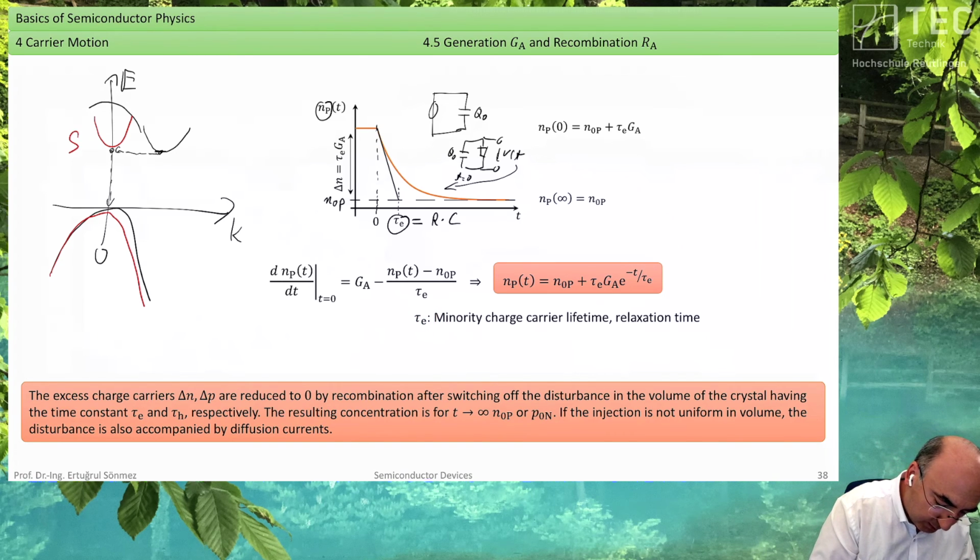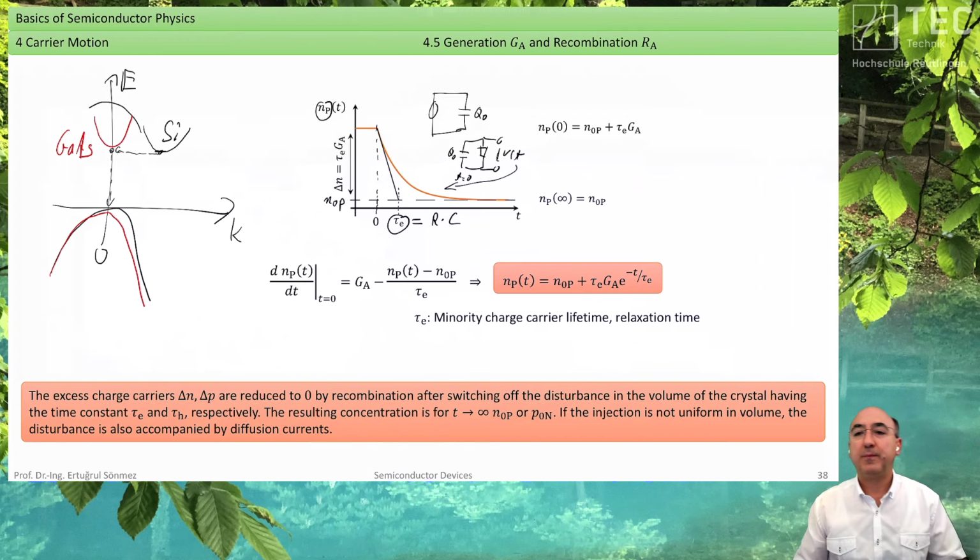Silicon? One second. Gallium arsenide or silicon? Just from this point of view, nothing in addition. Gallium arsenide has a shorter or longer? Shorter. You're right. Why?